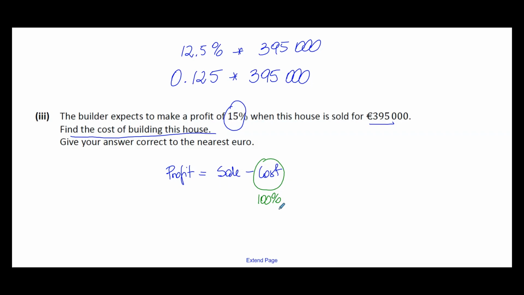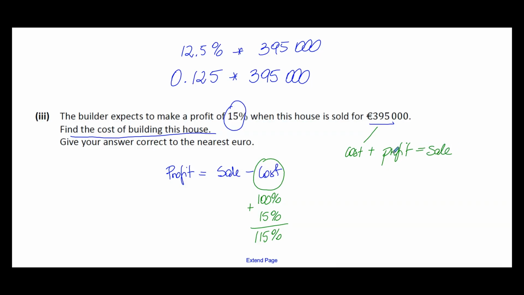And additional on top, there will be 15% of profit that he's making. So 115%, that will be the price of the house, isn't it? Because this price of the house will equal the cost of the house plus the profit he is making, and that is the sell of the house.